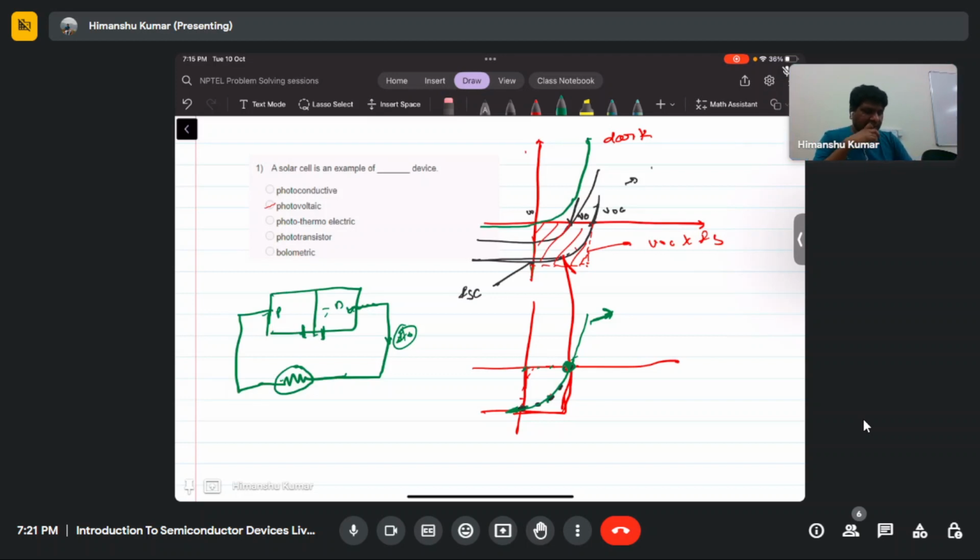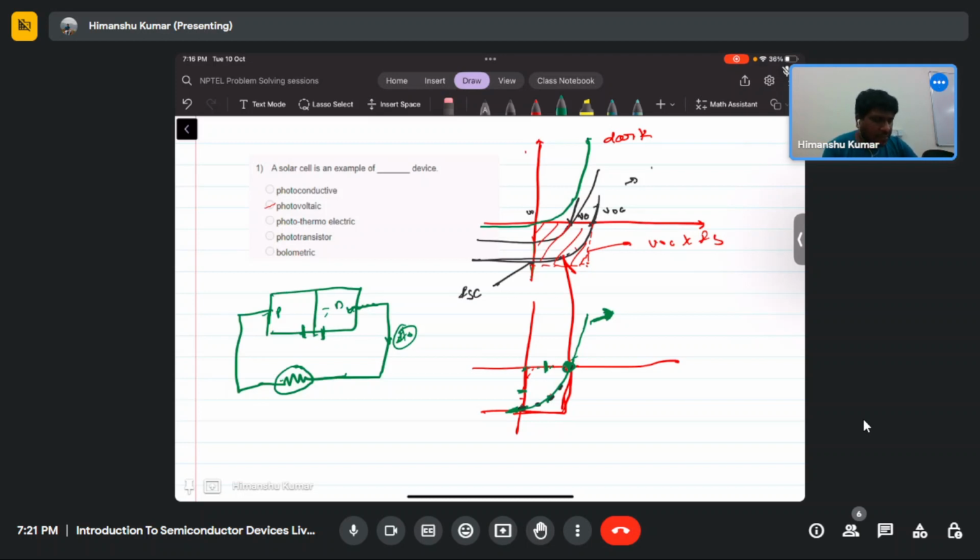Yeah, it's fine. Ideally, for a single cell, once you have fabricated the device, this characteristic won't change. The VOC and ISC are the extreme limits, and you can operate within them. You need to operate in the third quadrant to generate the power.